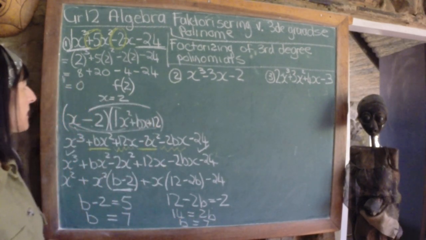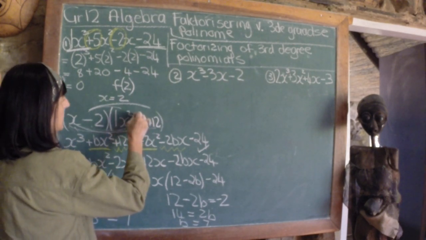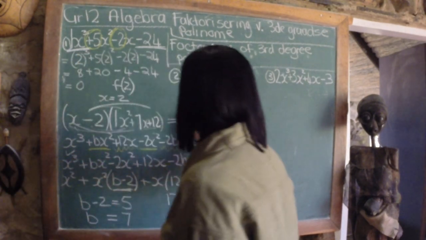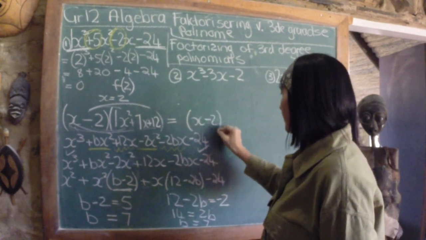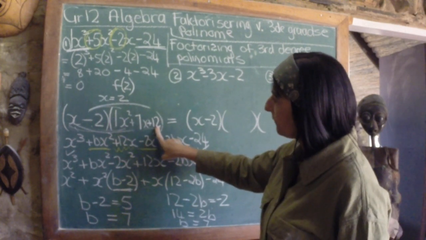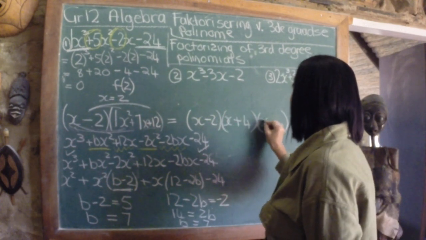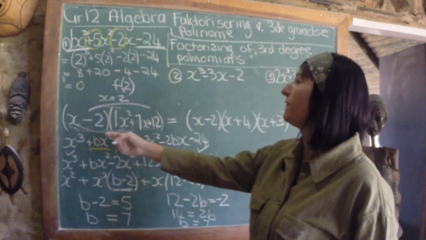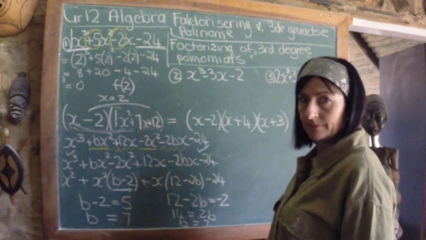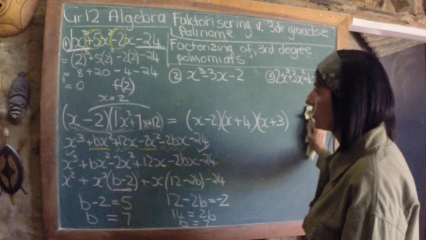So I've double checked b equals 7 and I can substitute 7 into the place of b en dan kan ek daai ouetjie finaal gaan faktoriseer deur te sê, dis 'n 3 term. 5 maal of 12, faktore van 12 wat vir my 7 gee is x plus 4 en x plus 3. Now I factorized this third degree polynomial. Very easy. I'm going to show you another way of factorizing it too.